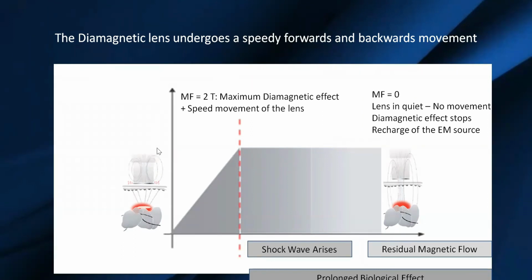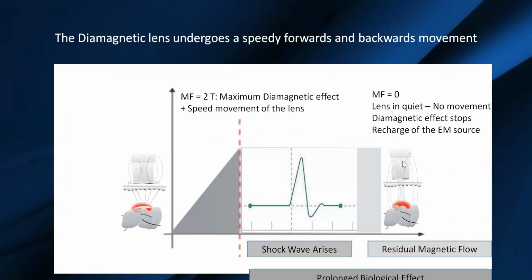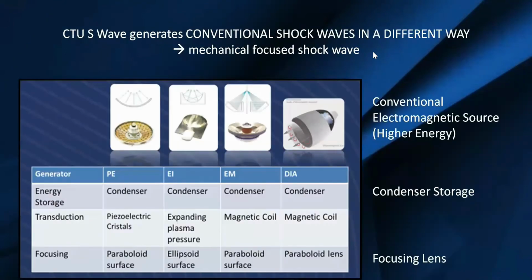So for this reason, we have a double biological effect. The first is proper to the shock waves, the second is due to the residual magnetic field. And this is the shock wave that you can have when the magnetic fields reach the maximum, move the lens, and generate the shock waves.